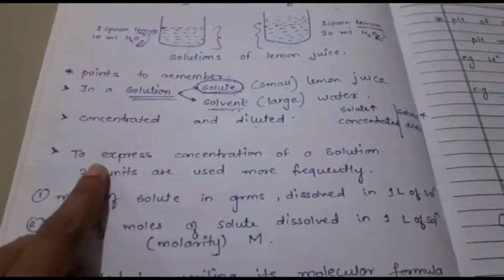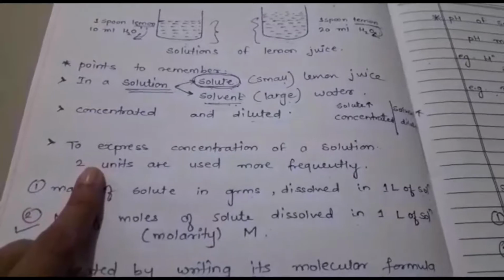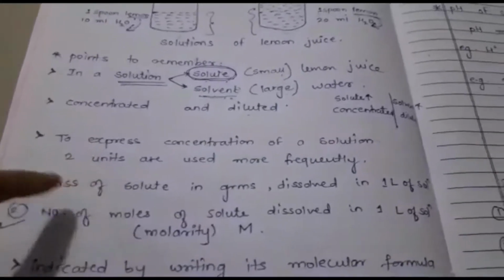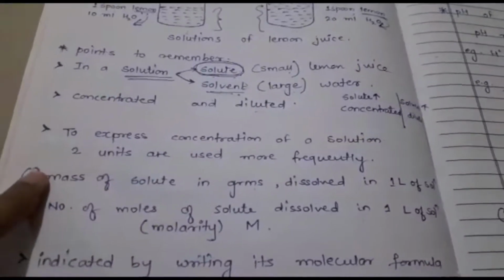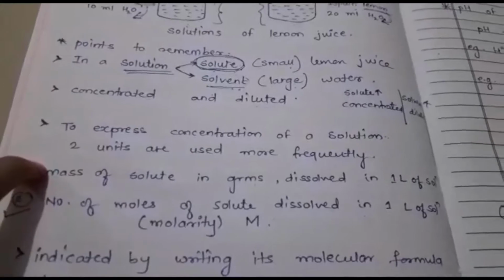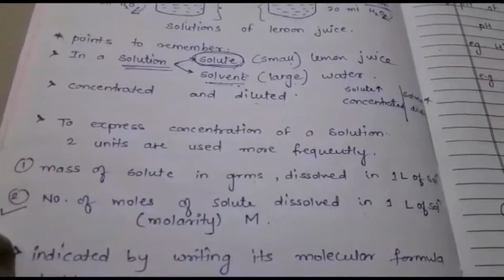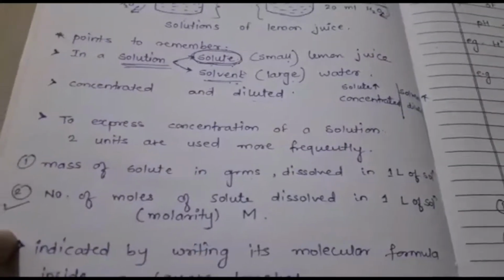To express the concentration of a solution, two units are used more frequently. One is the mass of the solute in grams dissolved in 1 liter of solution, and another is the number of moles of solute dissolved in 1 liter of solution.